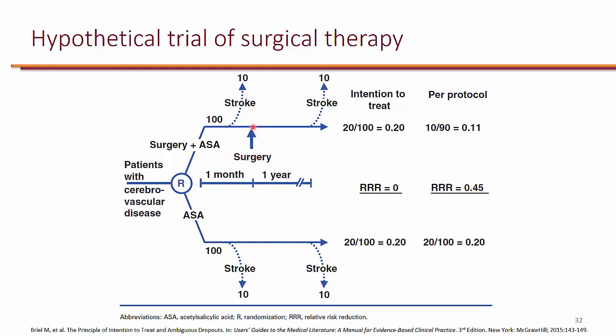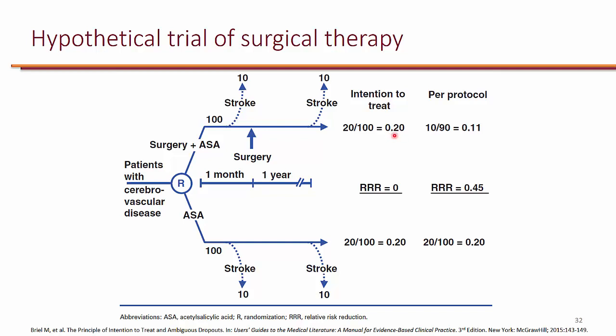If the surgery makes no difference, even after the surgery, the rate of stroke is still 10% and 10%. Now let's take a look at if we do intention to treat analysis or per protocol analysis and if it makes a difference. If we do intention to treat, so in the surgery group, by the end of it, let's say 20 people out of 100 had stroke.